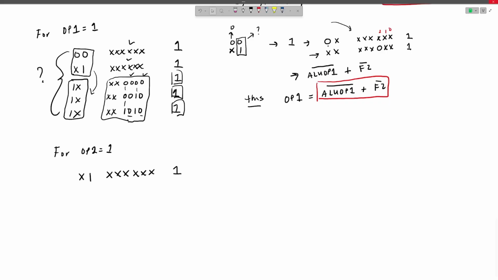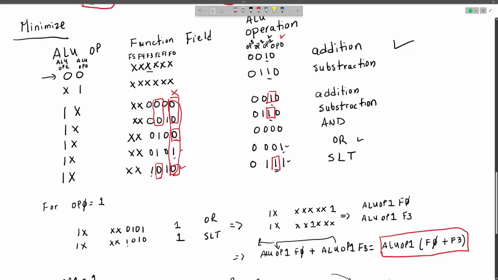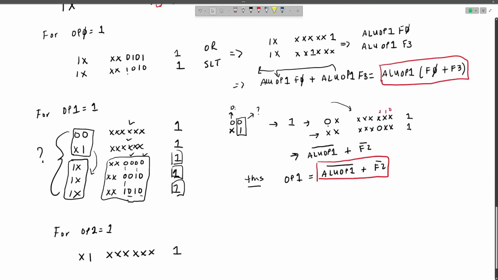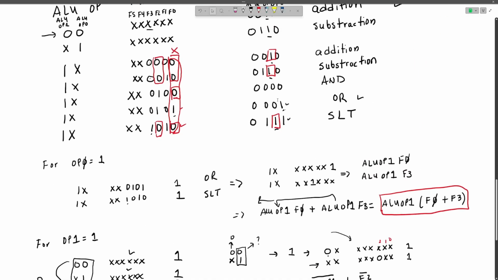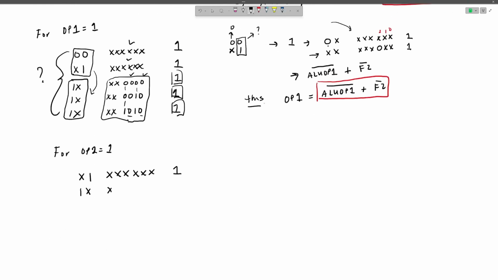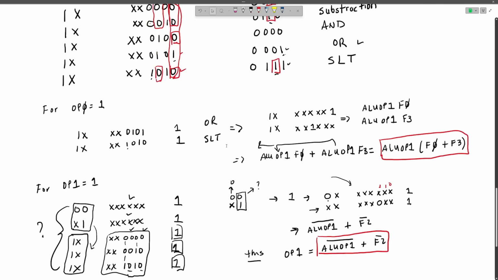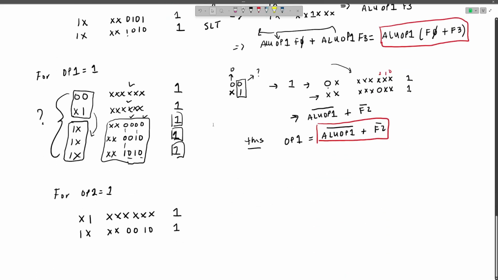I have a 1. The other one is this one. That one is an R-type equation. So we have 0, 0, 1, 0. Then the last one is 1, 0, 1, 0.